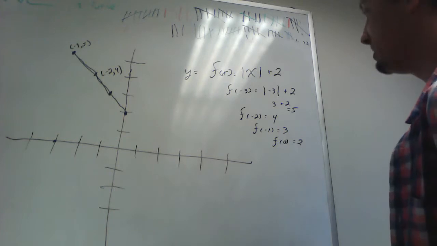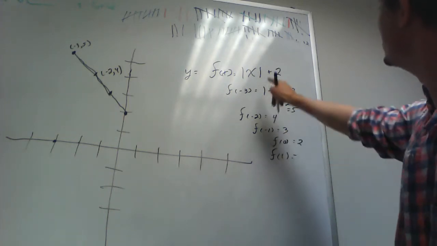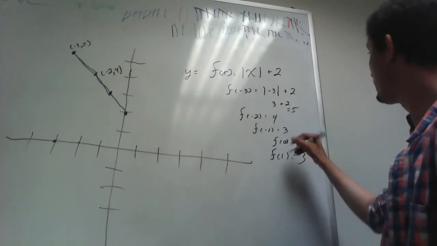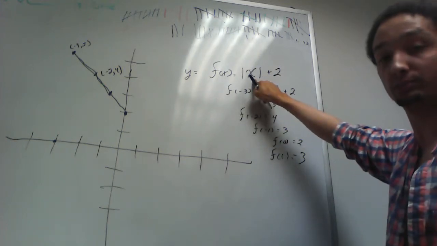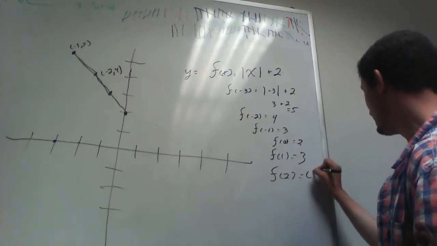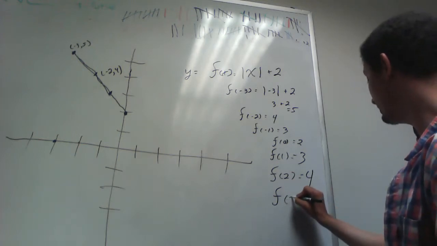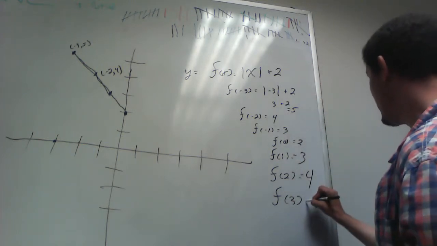F of 1, 3, right? Plug in 1. This is easy. You get it. F of 2 is 4. F of 3 is 5.